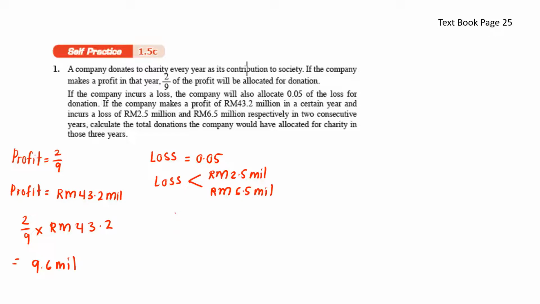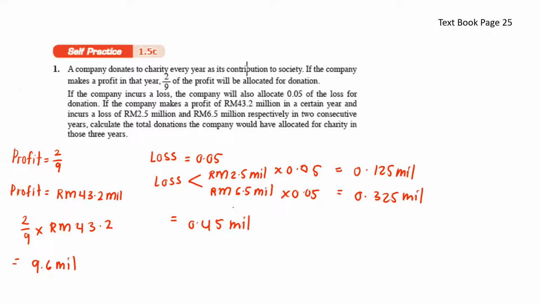So here we have 2.5 times 0.05 and 6.5 million times 0.05. So here we have 0.125 million, and here we have 0.325 million. So altogether for loss will be 0.45 million.